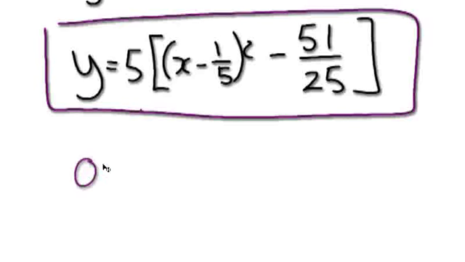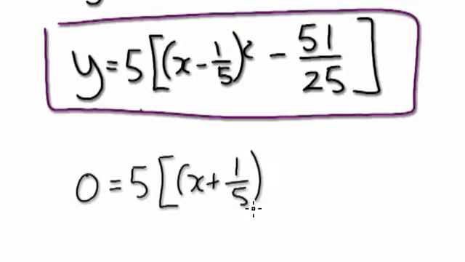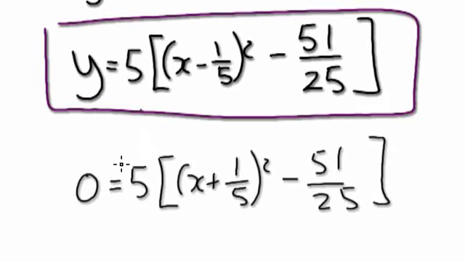So this will be 0 equals 5 bracket x minus 1 over 5 squared, minus 51 over 25, and then divide both sides by 5. And then 0 divided by 5 will be 0. Okay, so it becomes this.